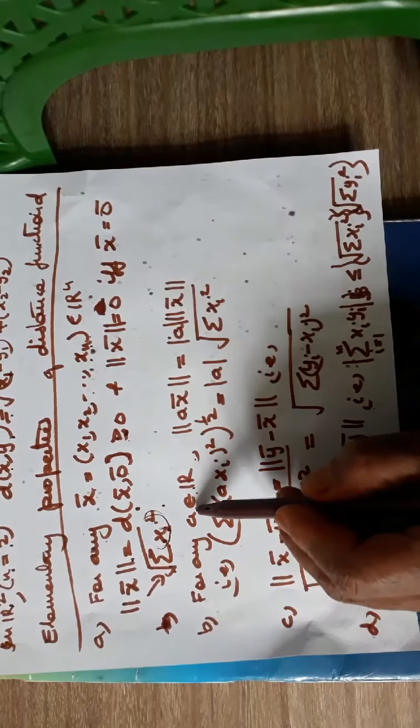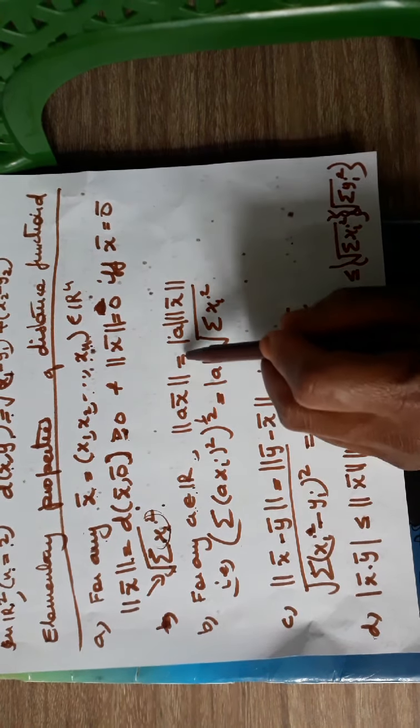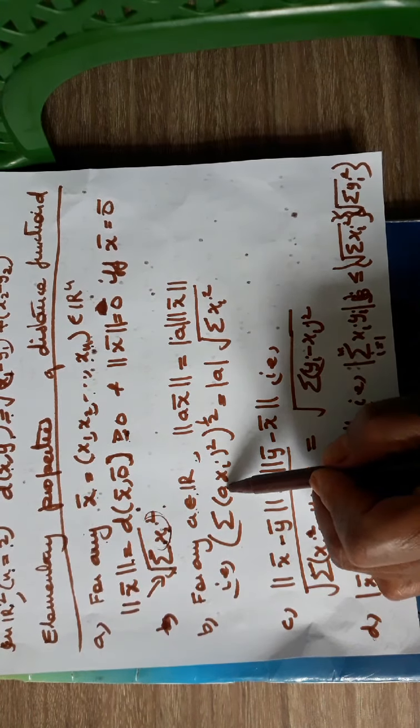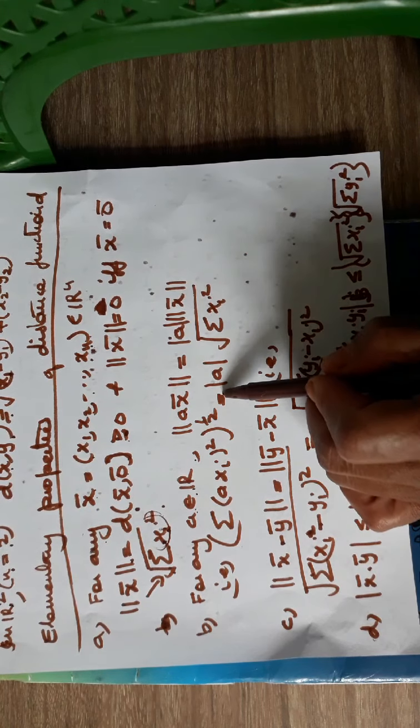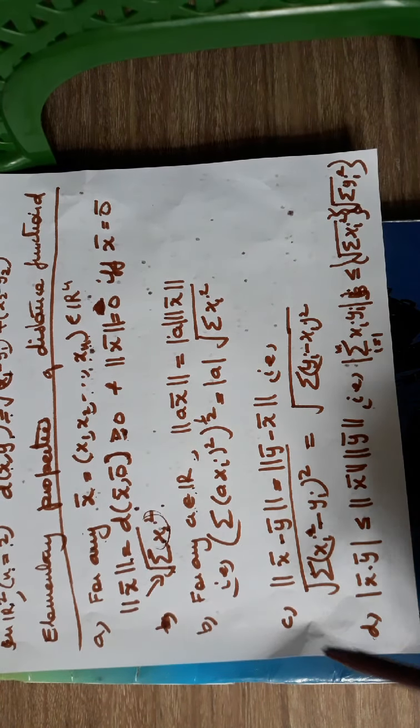So a here is a real number, therefore the norm of a x bar is equal to mod a into the norm of x bar, that is, the summation of a xi square the whole raised to 1 by 2 is equal to mod a into the square root of the summation of xi square.